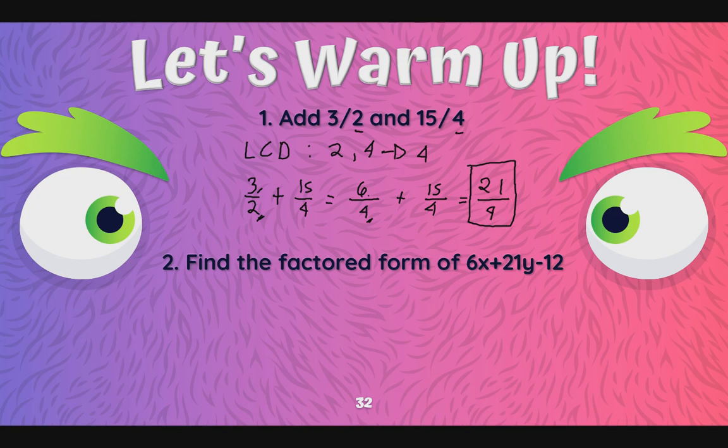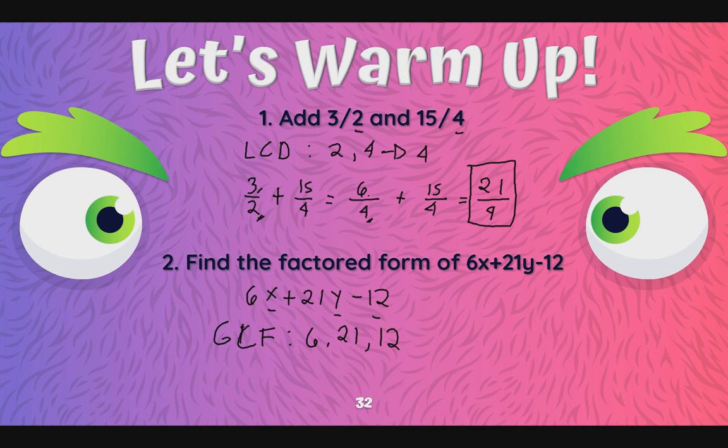Now, find the factored form of 6x plus 21y minus 12. So in this one, we have three terms, 6x plus 21y minus 12. They have different variables, x and y, while the third term is a constant. So we will just find the GCF, or greatest common factor, of 6, 21, and 12.